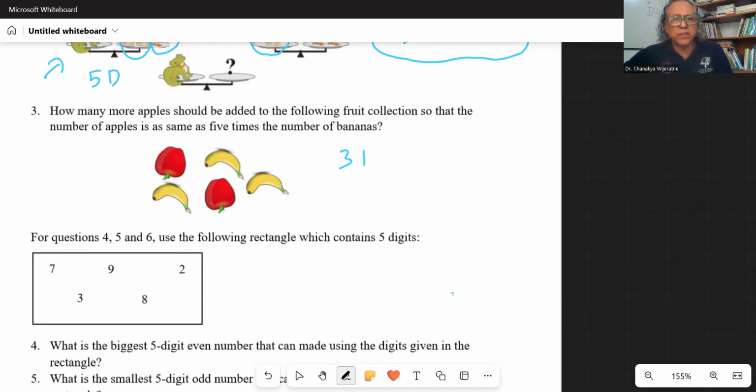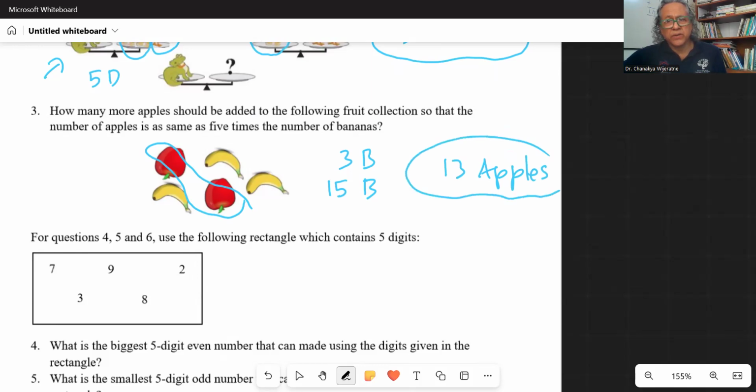And 5 times that is 15. If you want the number of apples to be the same as 15, we need 13 more because there are only 2 apples here. So 13 apples is the answer.